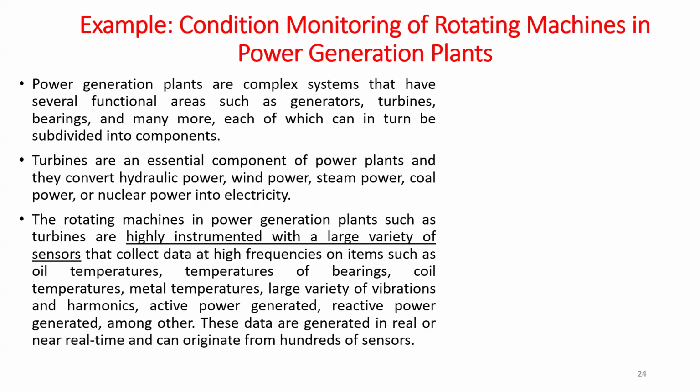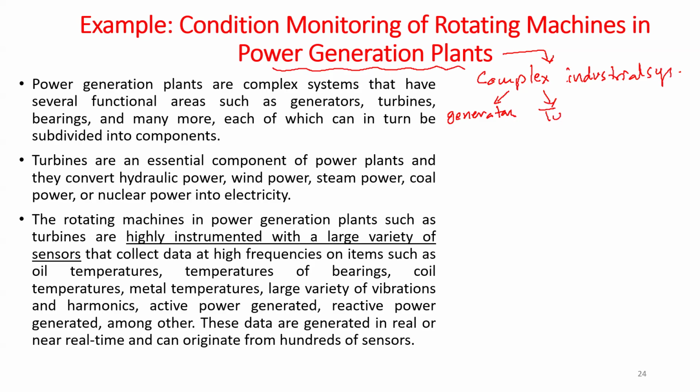Power generation plants are very complex industrial systems, with so many components. For example, they have generators, the big components, turbines, and a lot of bearings.